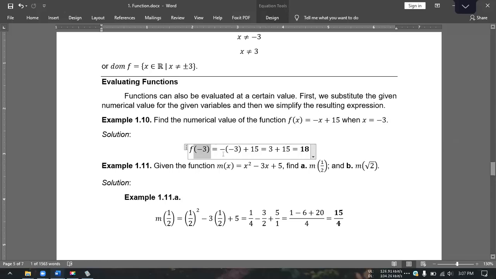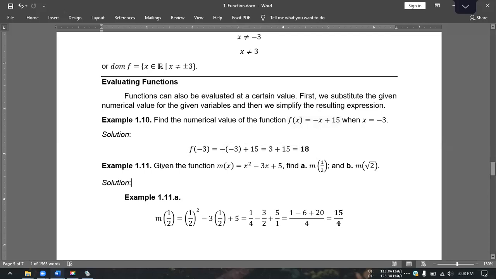Giving us basic rule in mathematics: negative multiplied by negative becomes positive. We have 3 plus 15 will give us 18. So our solution will be 18. So yun na siya. F of negative 3 is equivalent to 18. Or the function is equal to 18 when x is negative 3. So that is one example.